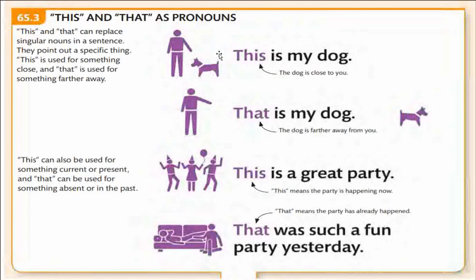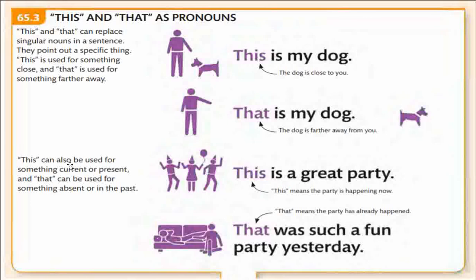So this can be used as a pronoun. Again, it is my dog because it is far away. Again, I replace the word it with that and the sentence is complete. That is my dog. I need not say it is my dog anymore.